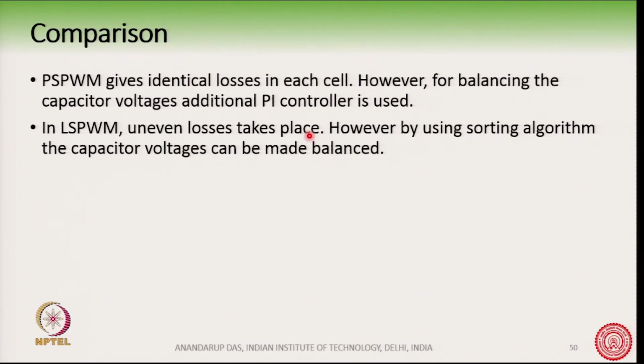So, uneven losses will take place, but by using the sorting algorithm we can make the capacitor voltages balanced again. Okay. So, these are the two comparisons of the phase shift PWM and level shift PWM.